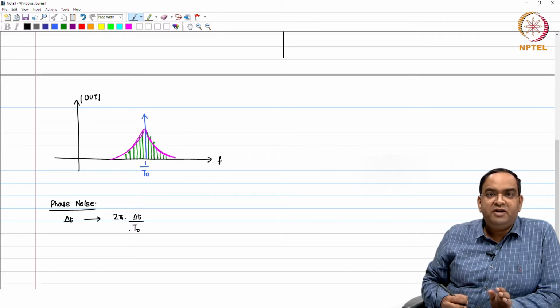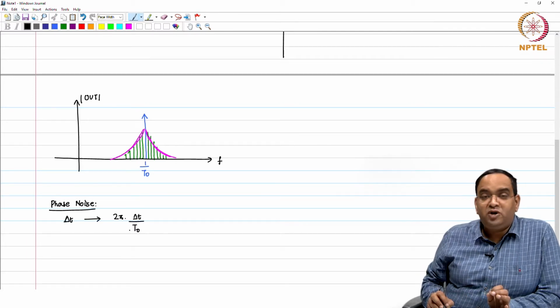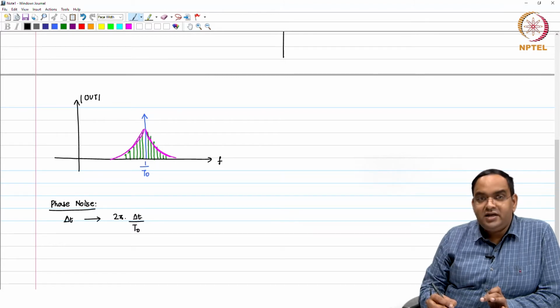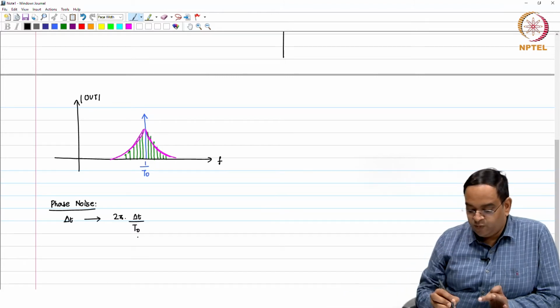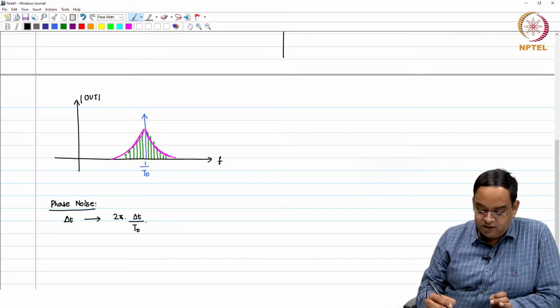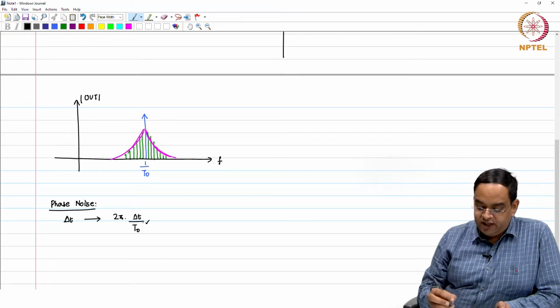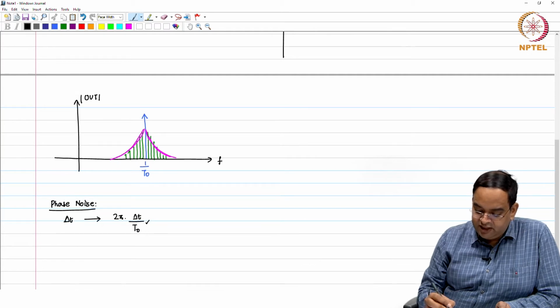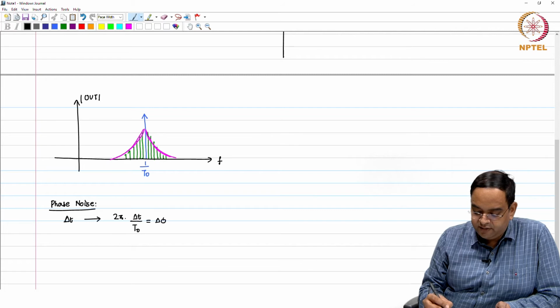Phase is always defined with respect to a clock period. We are looking at the output clock, so we define the phase noise also with respect to the output clock. So, this delta t leads to phase error delta phi.